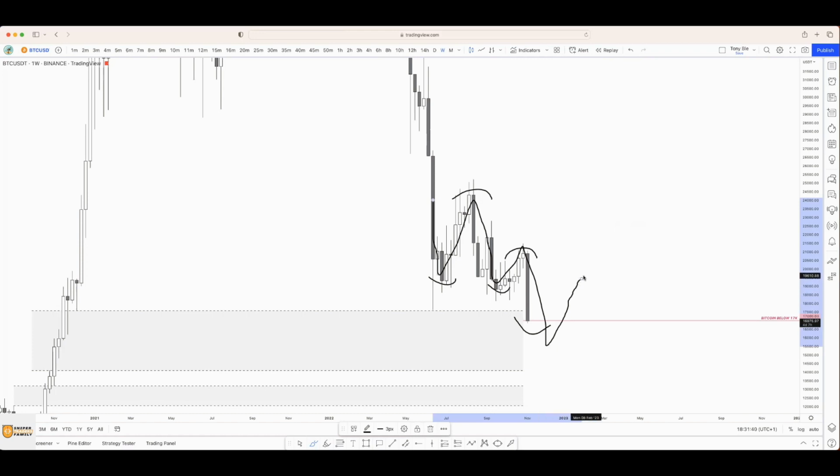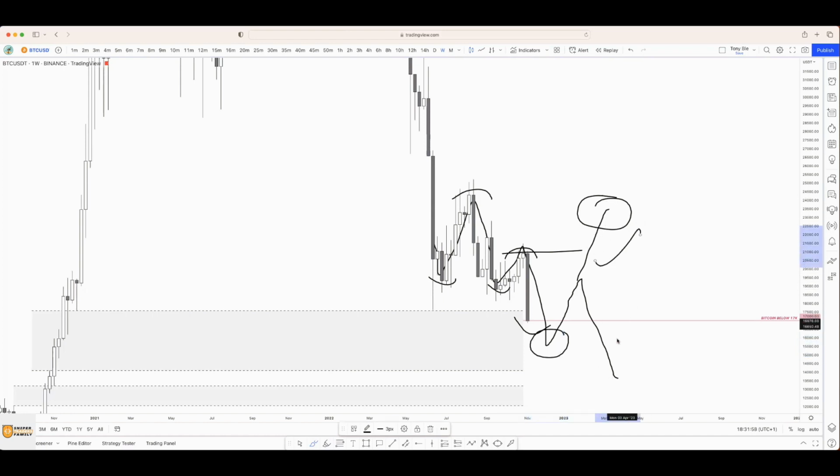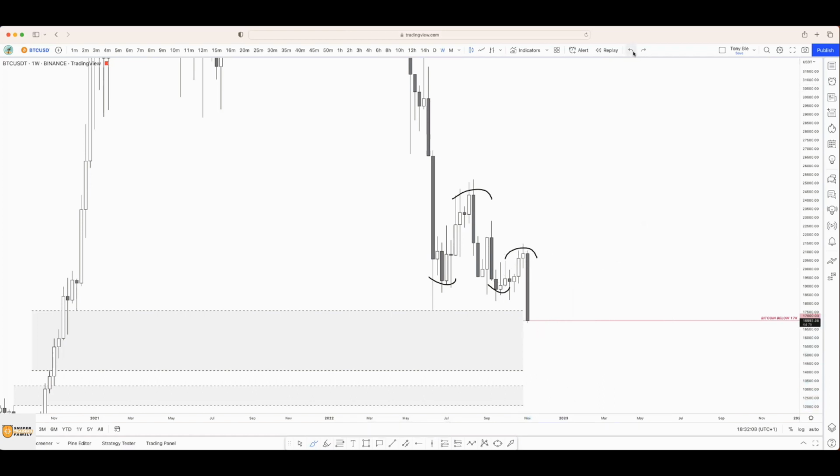Either price gives us a lower high and goes down, or gives us the lower high and breaks through and gives us a breaker structure. So either way, we are anticipating buys to later continue or buys to get here and then stop. But in both of these cases, we are anticipating a buy somewhere from here or this imbalance here below. Okay, so that is the weekly perspective.